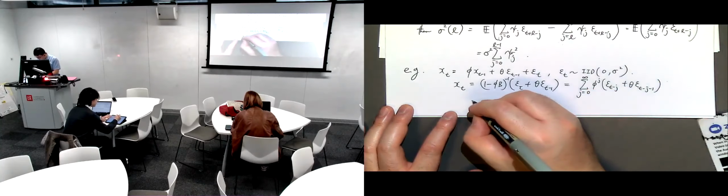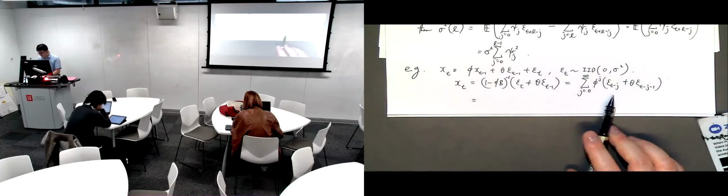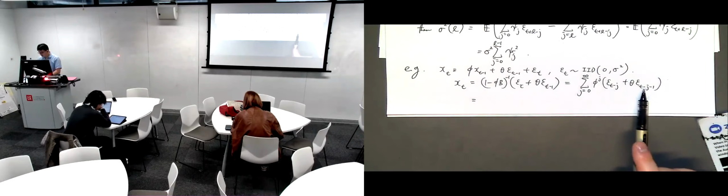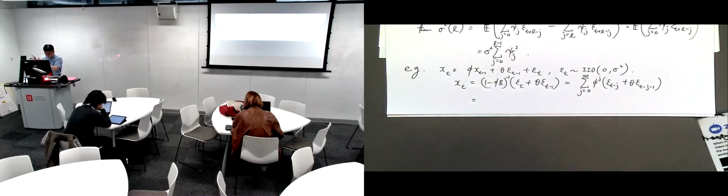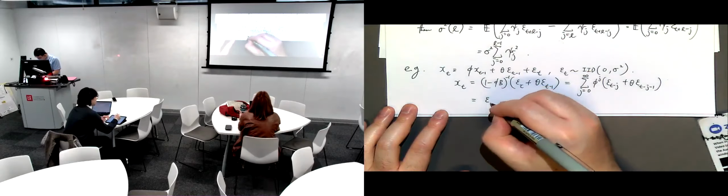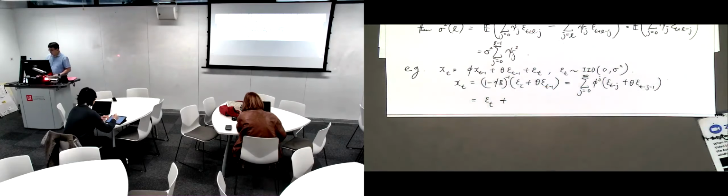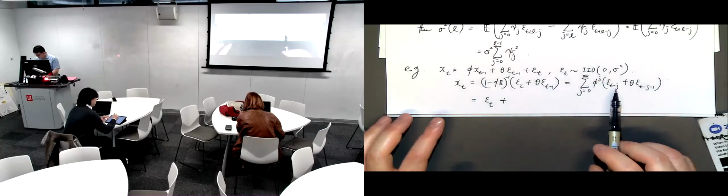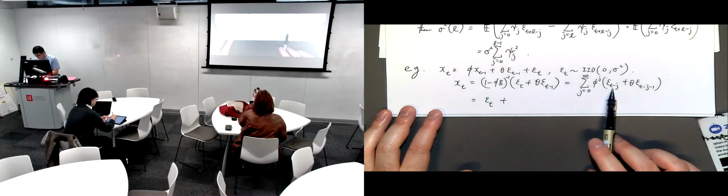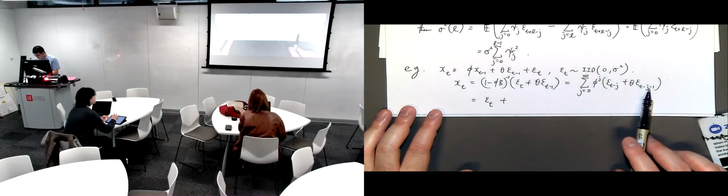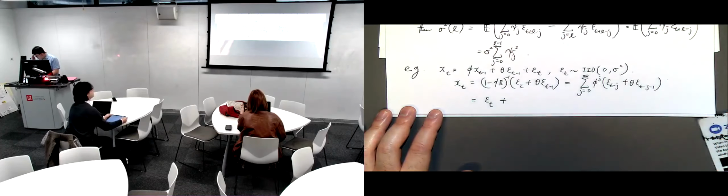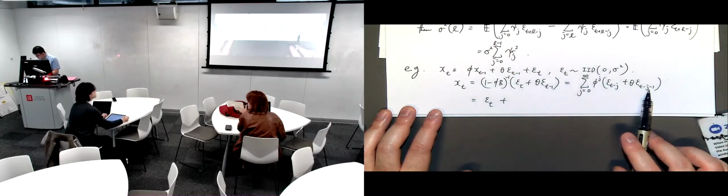So this equals to, well, you can see that many epsilon_{t-j-1} terms are just shifted one time step ahead. So if you collect like terms, the very first term is epsilon_t. And starting from the second term onward, j equals 1 on the left-hand side is collected with j equals 0 on the right-hand side. When j is 2 on the left-hand side, this is collected with j equals 1 on the right-hand side.